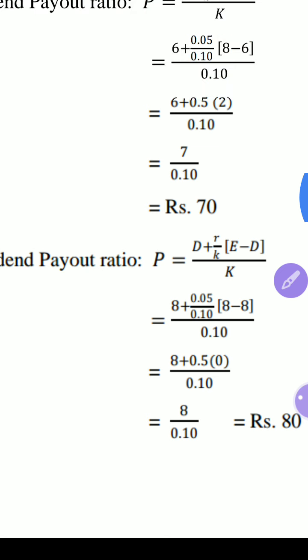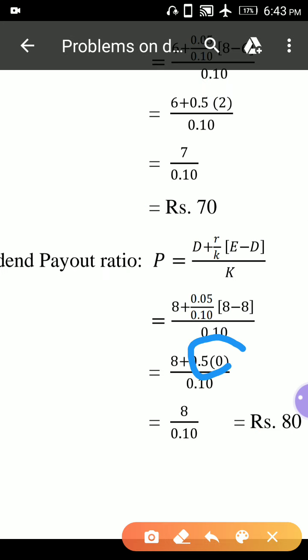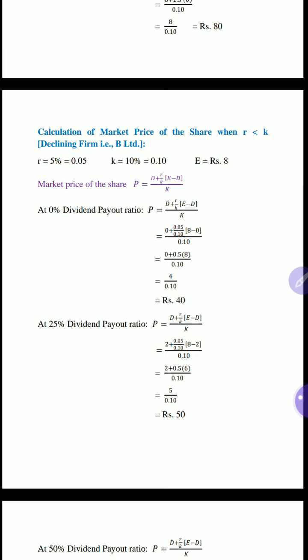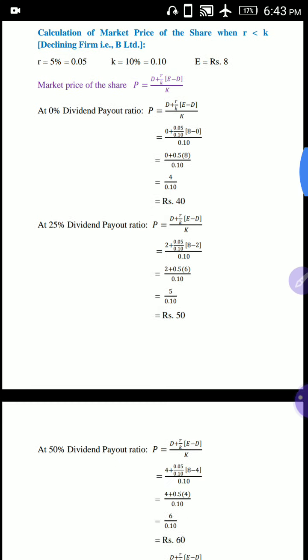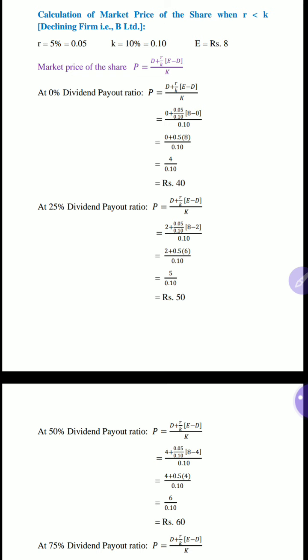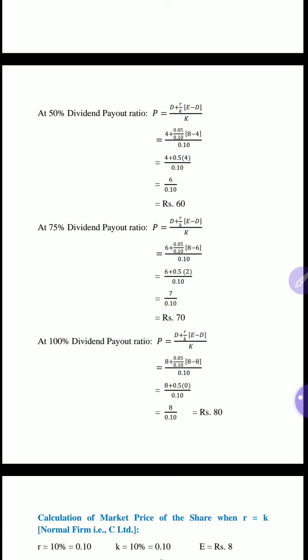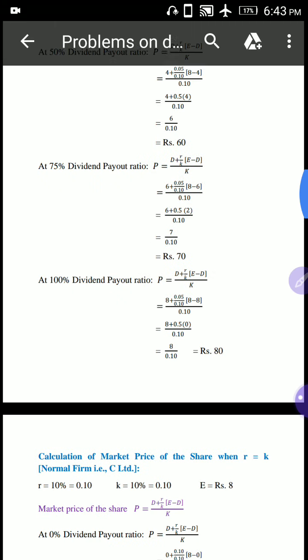So 0.5 into 0 is 0, and 0 into something is 0, plus 8 divided by 0.10, that is 80 rupees. So if you observe, at 0% the value is 40, at 25% the market price of the share is 50, at 50% it is 60, at 75% it is 70, and at 100% it is 80.